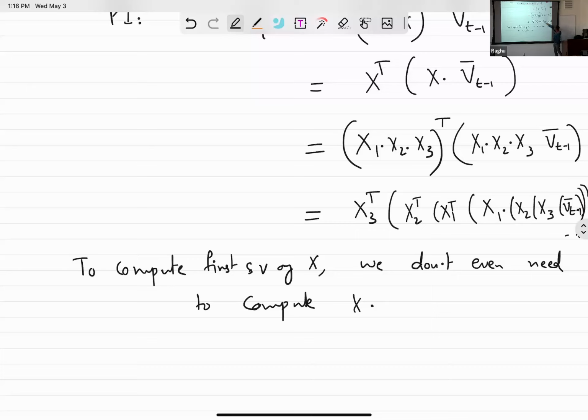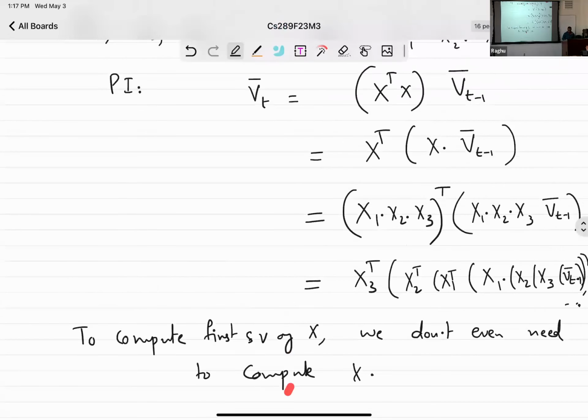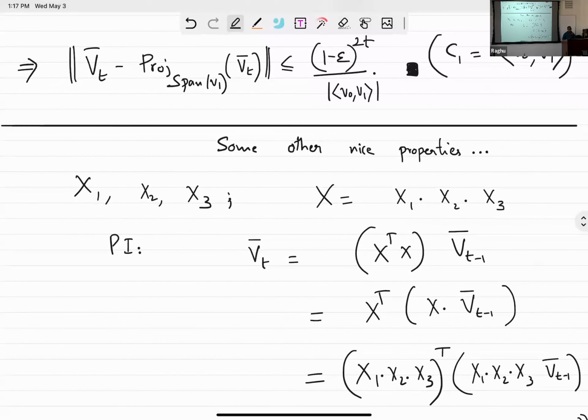I'll multiply with x3 first, and then with x2, then with x1, and then do the same thing again. These are three matrices, let's say n by n, n by n, n by n, and I want to compute the first singular vector of all of these things.